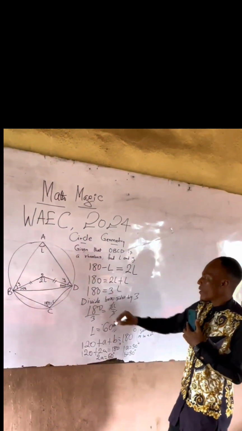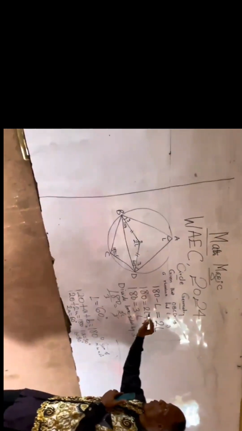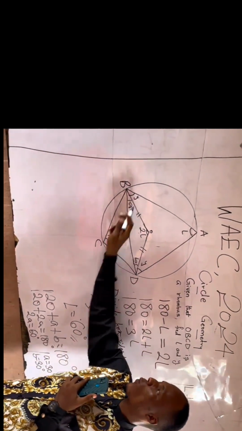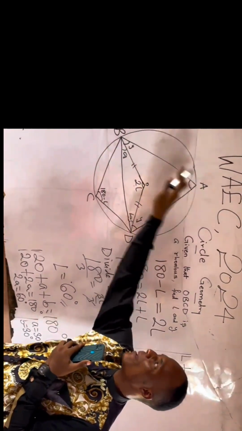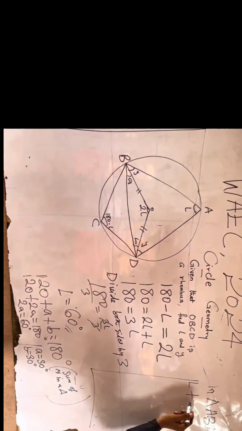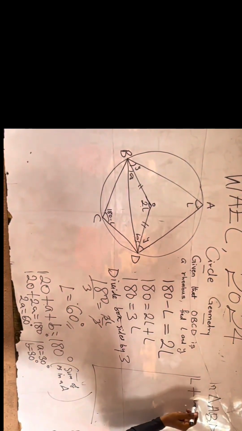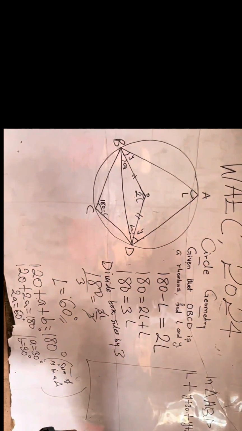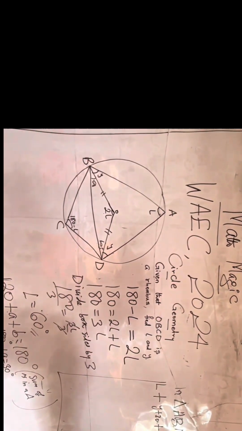To get y, which is the final thing, you already see here this is L. So we have L plus A plus y and B plus y. That's the sum of angles in the big triangle, triangle ABD. So you have L plus y plus A, and don't forget A is 30, y plus 30 plus B is also 30, equals 180, the same reason, sum of angles in a triangle.